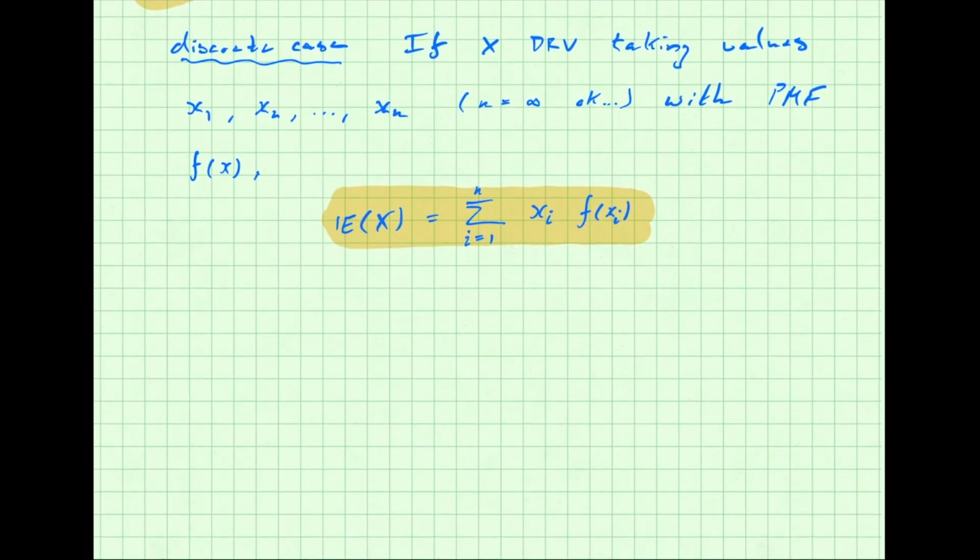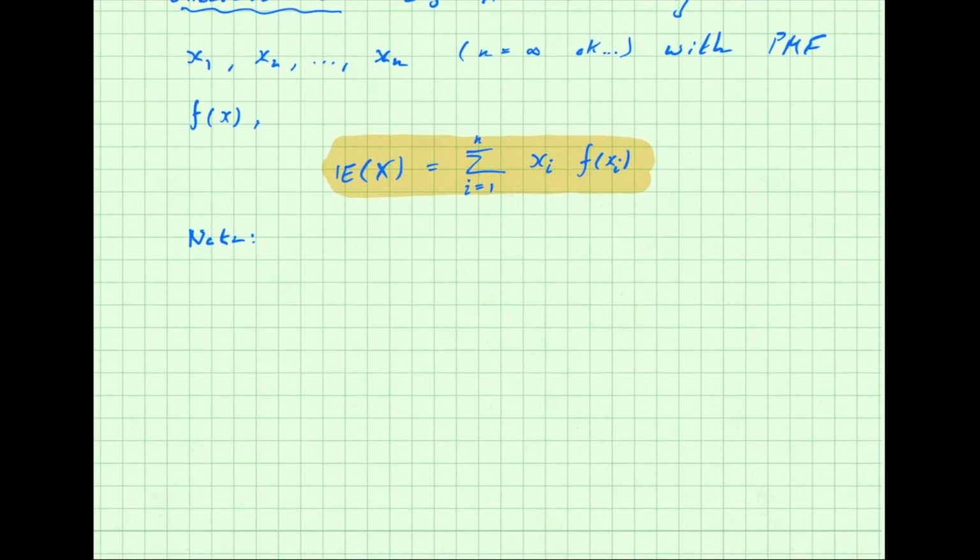Now, before I carry on, I want to make a couple of comments. This is sort of an aside within the definition, if you will allow it. There are two things I want to point out. The first thing is I want to try to make sense of this equation that we wrote down and see why it's sensible.